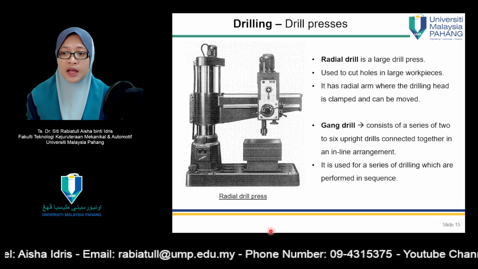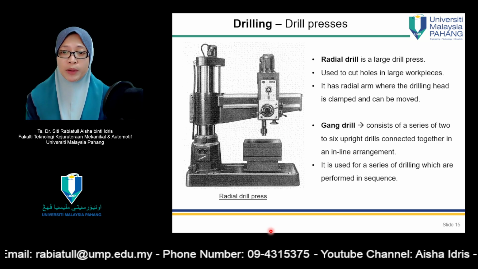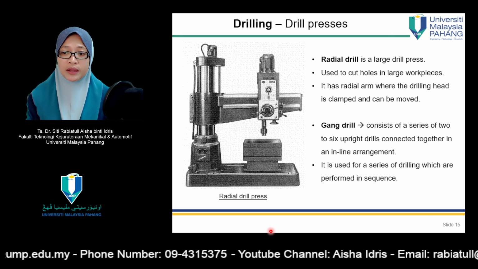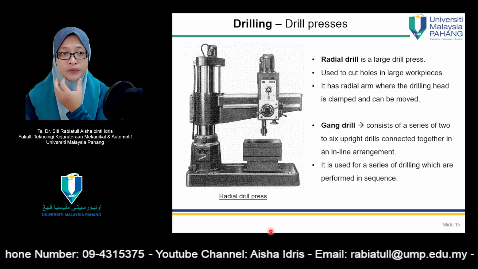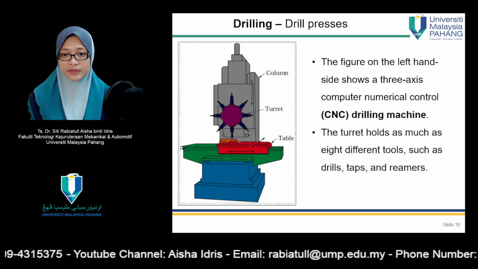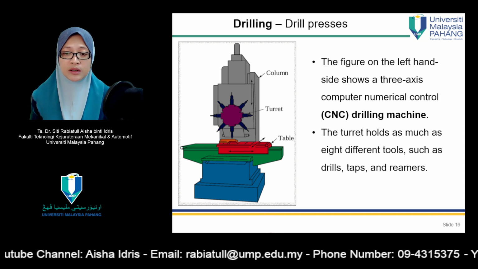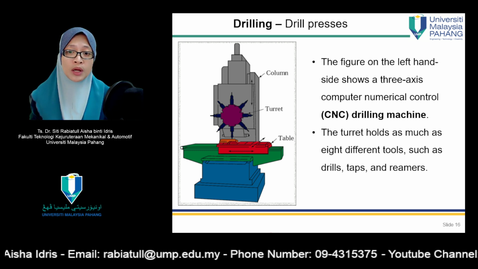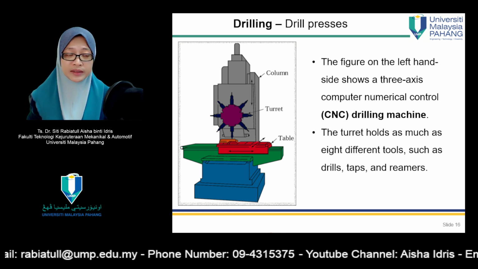And there is the gang drill, which consists of a series of 2 to 6 upright drills connected together in an inline arrangement. It is used for a series of drilling operations which are performed in sequence. And last but not least is a very popular type of machine, one that we have in our lab also, known as the CNC drilling machine.